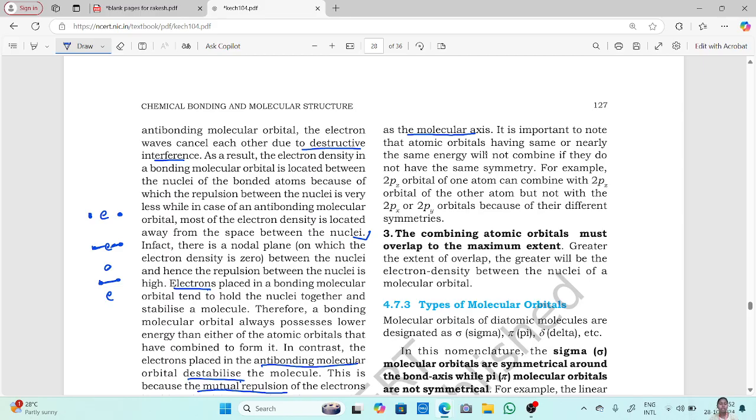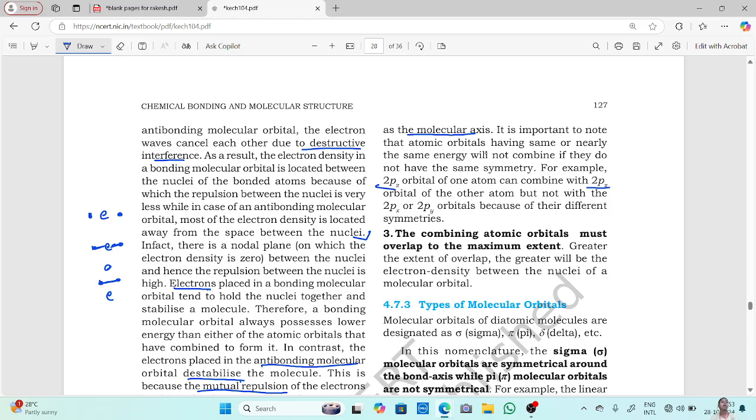So to combine, they should have the same or nearly the same energy level, and they should have the same symmetry along the same axis. For example, the 2pz orbital of one atom can combine with the 2pz orbital of the other atom, but not with the 2px or 2py orbitals because of their different symmetries.